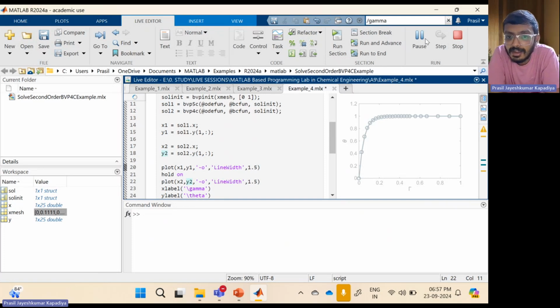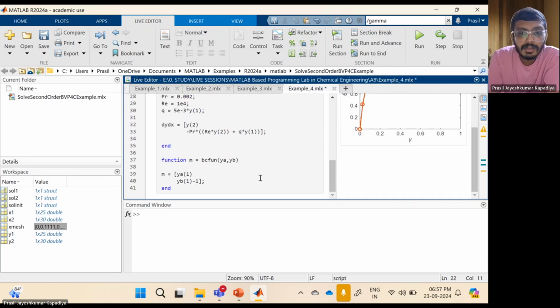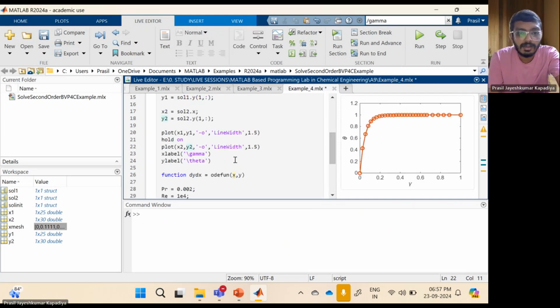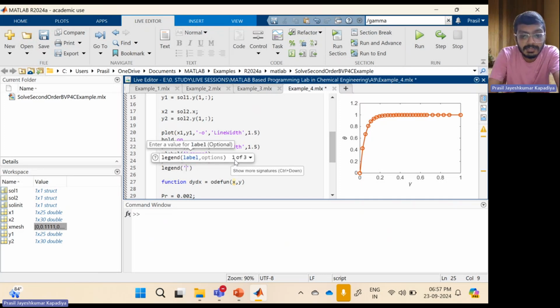I will need legends here. I have not added them, but both are actually identical. I will add a legend here. The first one is BVP5C and my second one is BVP4C.